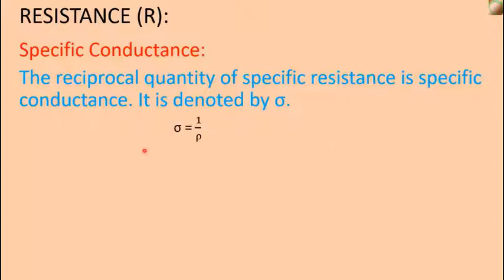Here sigma is equal to 1 divided by rho. It's the reciprocal quantity of specific resistance. Its unit is per ohm meter. The more the specific conductance, the more current it can pass through it.